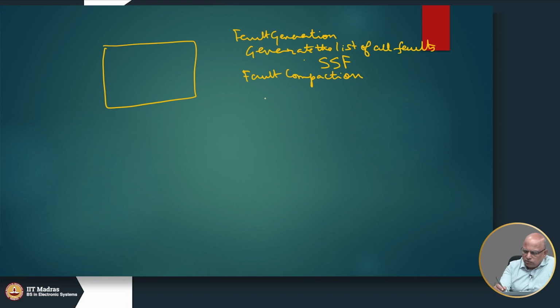So, let us say this fault list is F. F contains a number of faults like A0, A1 and so on. Now, we have to find a test vector for each of these.